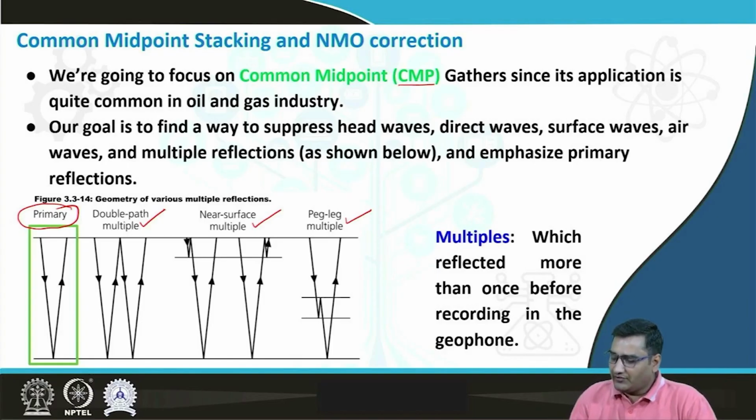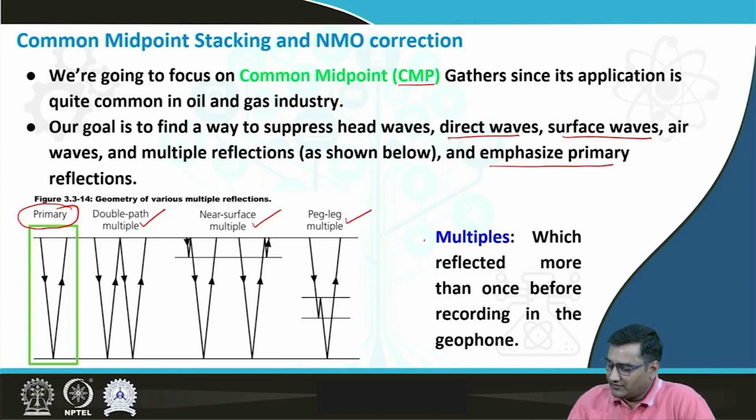So the aim of the common midpoint gather is to suppress the direct waves, surface waves, air waves, head waves, and also all the multiples that might arise during data collection, and we want to emphasize the primary reflections.